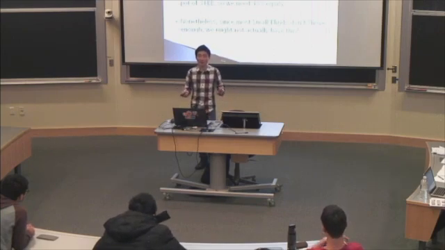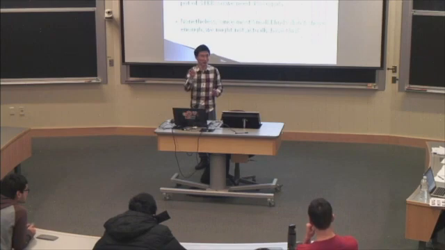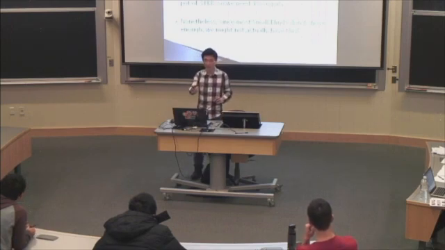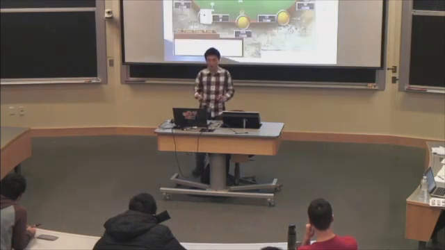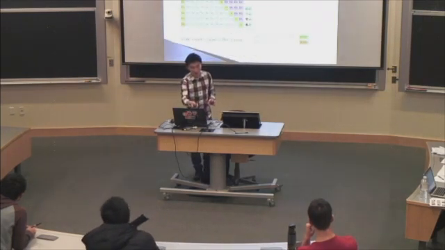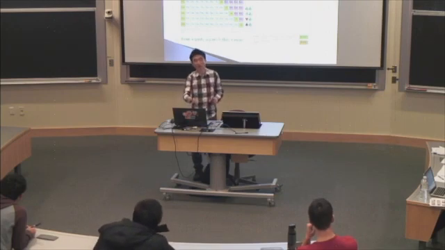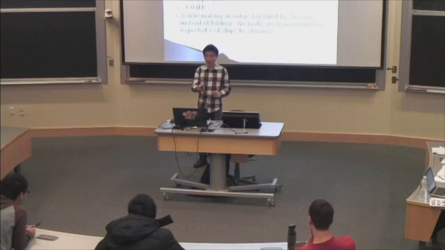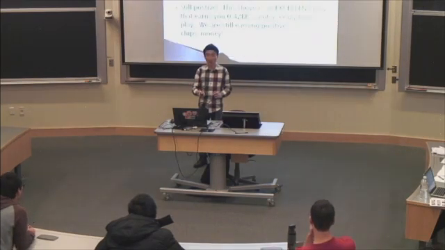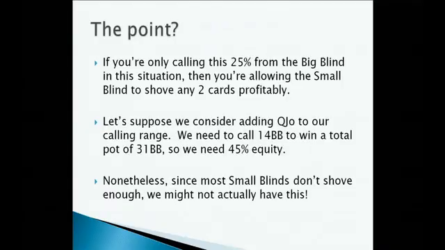So I guess the lesson is, when I took the poll around the class, you guys wanted to call even less than 25%, right? Like 25% still includes ace-2 offsuit, and hands like queen, king 10 offsuit, queen 10 suited, king 8 suited. So even 25% is too low in the sense that it allows the small blind to shove any 2 cards profitably.